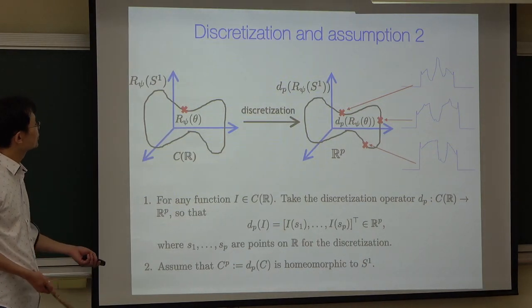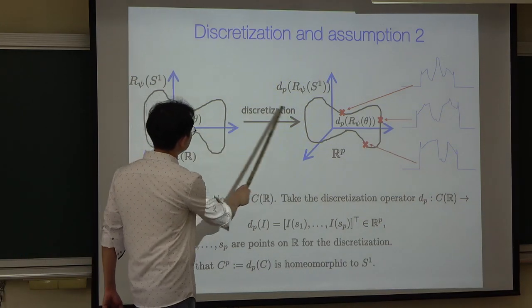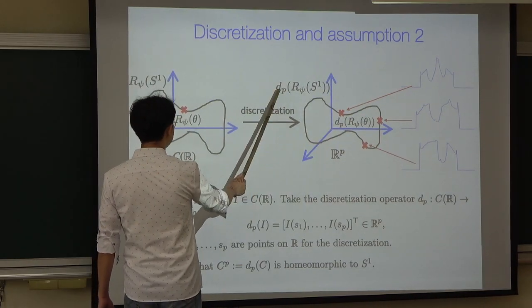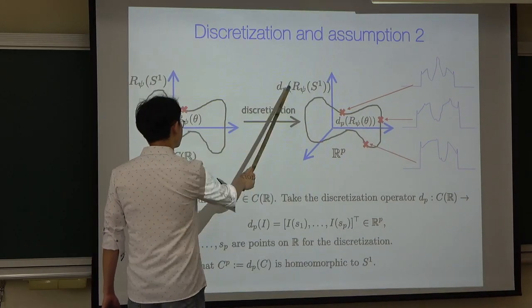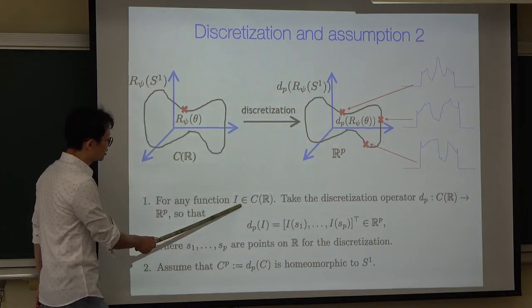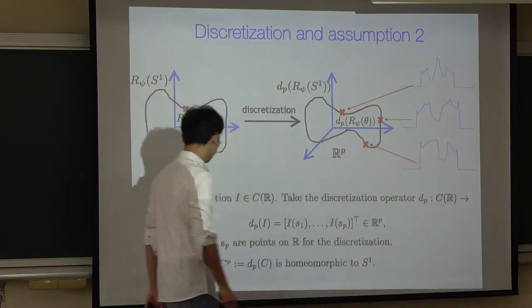And how to do a discretization? We will assume that after the projection, you do the discretization, and the discretization is denoted as Dp, which is defined for any continuous function. Take the discretization operator Dp in this way.